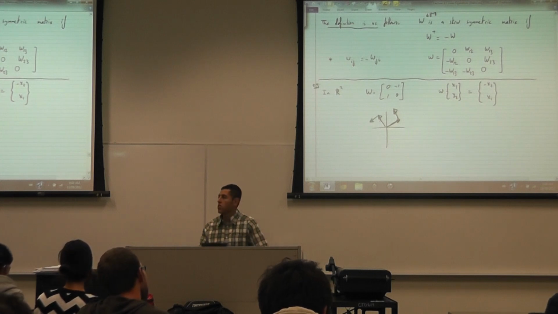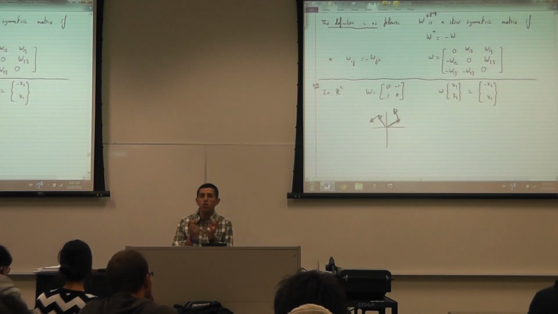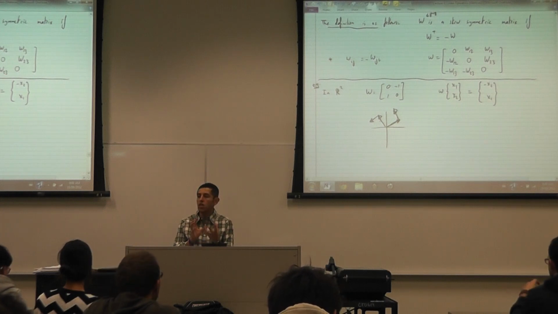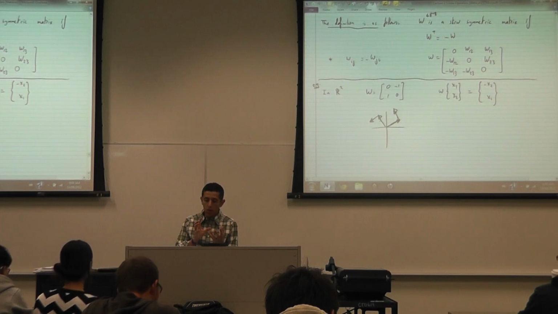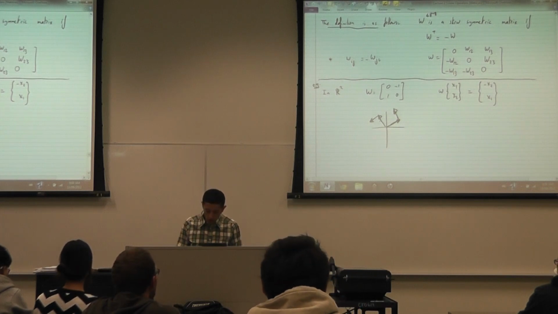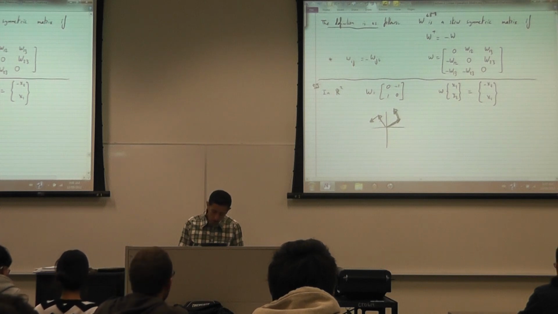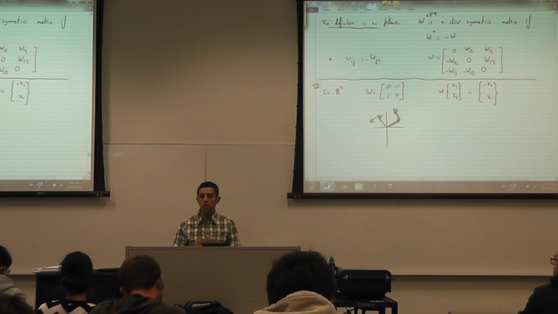And that's why a skew symmetric matrix usually tells me that an object is rotating. Not necessarily the direction of rotation, but if something is rotating fast, it gives me the instantaneous rate of rotation. It tells me, okay, this vector is about to rotate in this direction, or this object is about to rotate in a certain direction.